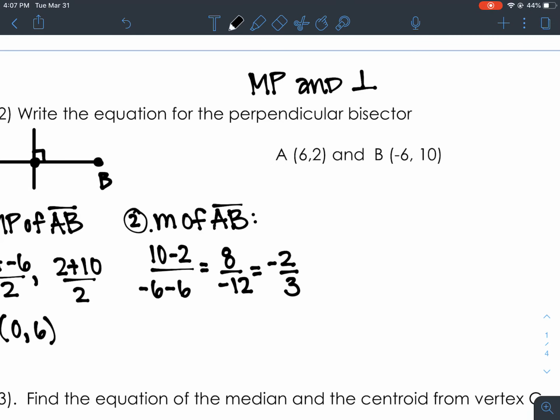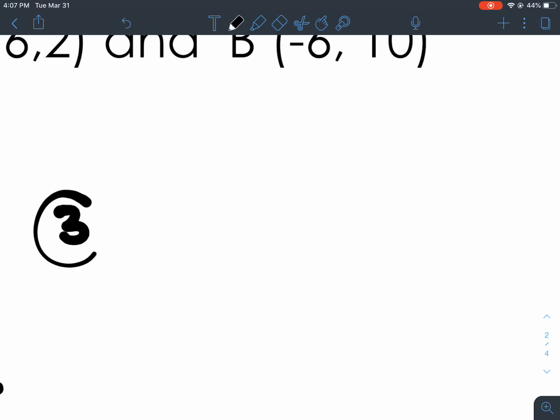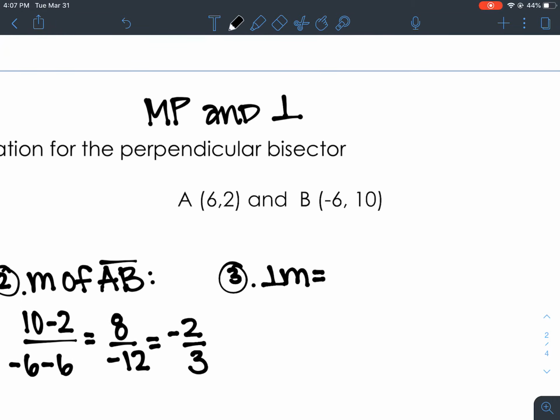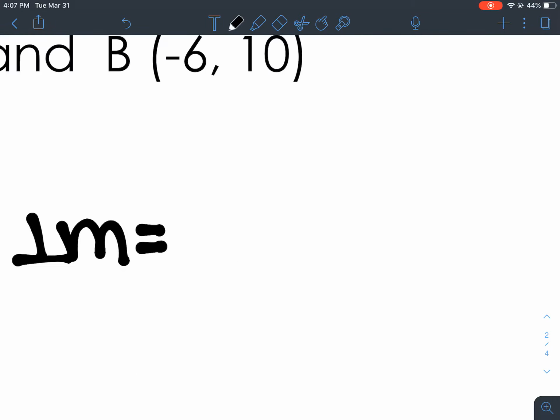But remember, I don't want that slope. What I want is the perpendicular slope. So my third step is my perpendicular slope, which is the opposite reciprocal of that slope of AB, which means my perpendicular slope is 3/2.